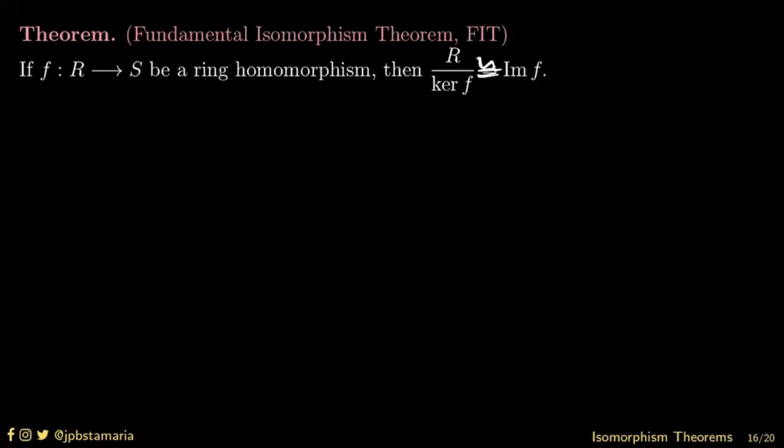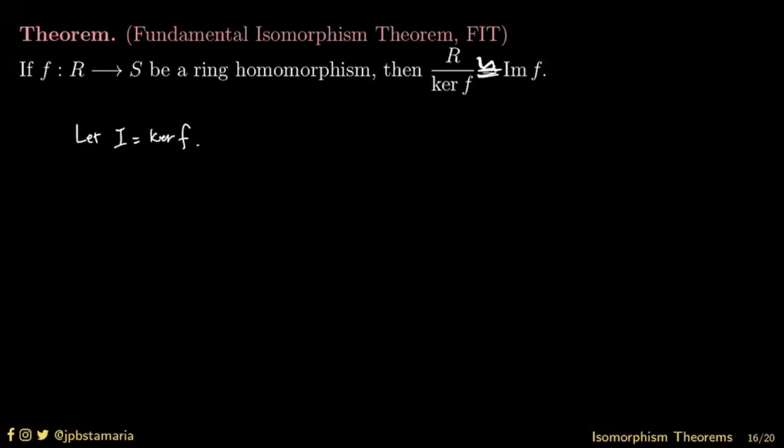How do we prove this? Well, easy. Meron tayong actually madaling proof, no? Paano maging isomorphic yung R modulo the kernel to the image? So for simplicity, tawagin na lang nating I yung kernel.